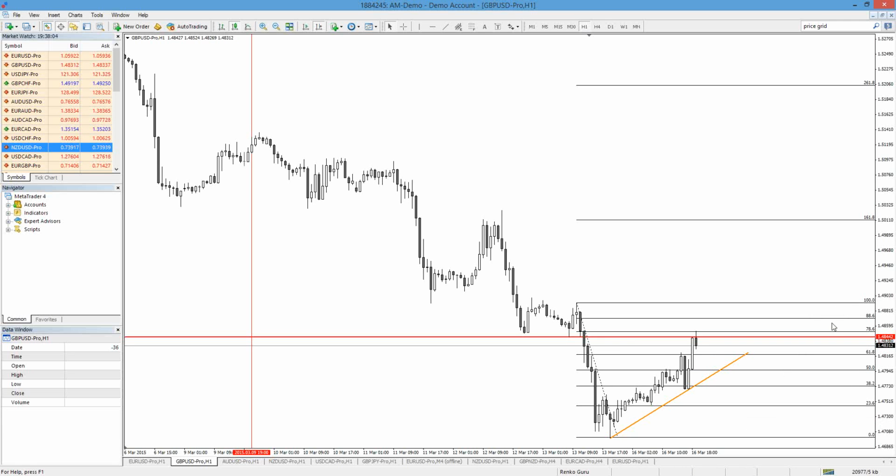And if FOMC gives us the cue for a rate hike or something, I think there will be another sell-off. Yes, this is also a form of V-shape reversal. It's not as strong as in Euro Dollar, but it's still a form of V-shape reversal.